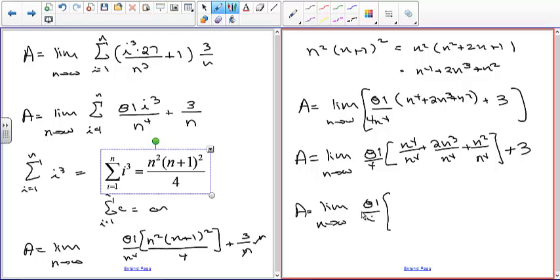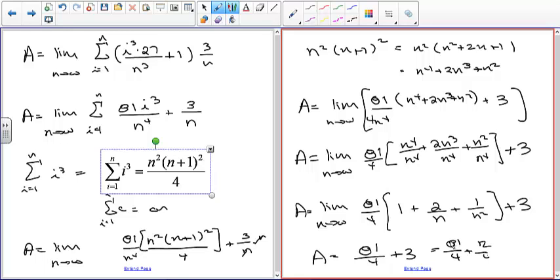Okay, so we got 81 over 4, and n to the fourth over n to the fourth is 1, plus 2 over n, plus 1 over n squared. So when you take the limit, these go to 0, and all you're left with is 81 over 4 plus 3, and 3 is 12 fourths. So you get 81 fourths plus 12 fourths, which is equal to 93 fourths.